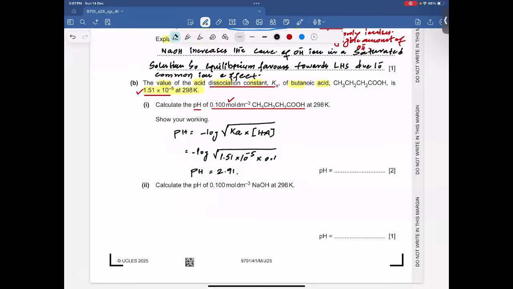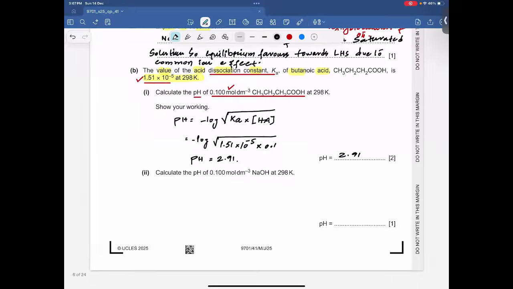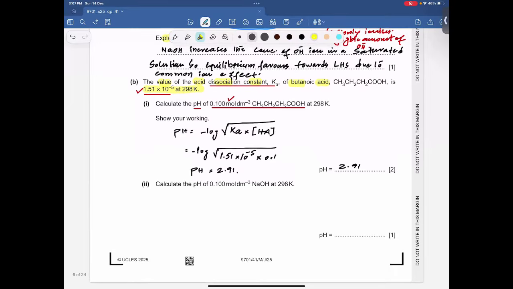Let me check it again. 1.51 exponent minus 5 into 0.1. Answer under root, minus log, answer 2.91. That's the answer. Okay. Now in the next part of the question, examiner is looking for the pH when the concentration of NaOH is 0.1 mole per dm cube at 298 Kelvin. That's easy.